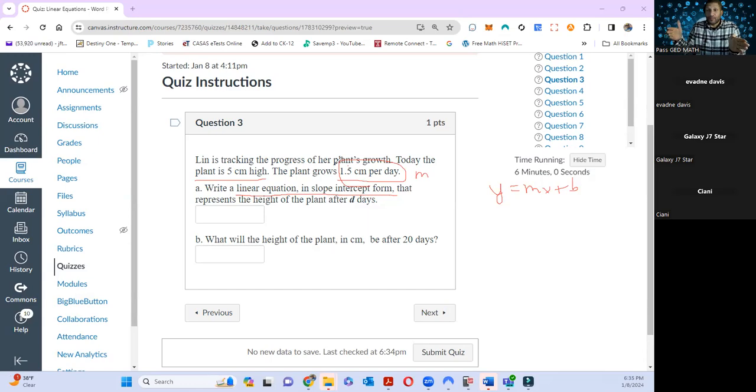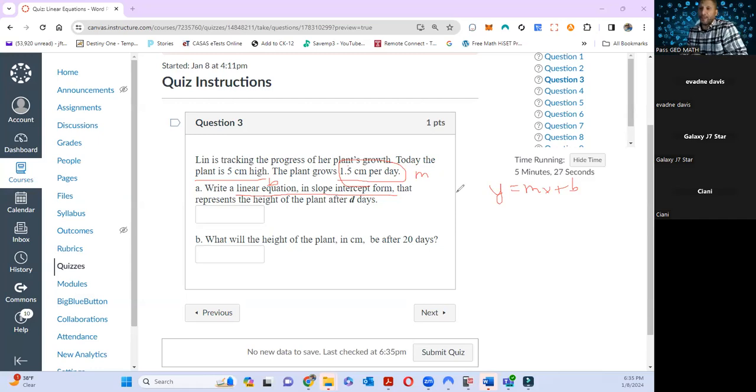It started at 5 centimeters, so with the additional 1.5, it is 6.5. So that tells me this is my B, because that's not going to change from day 1. That's going to be 5. Then after that first day, it's going to change. So this is my B, 5 centimeters. This is my M, 1.5.